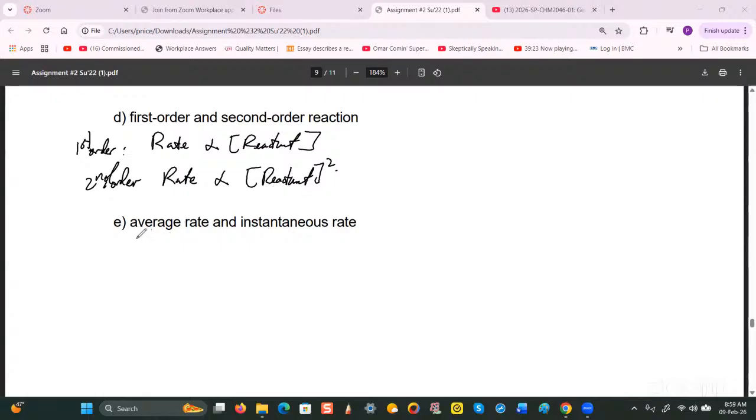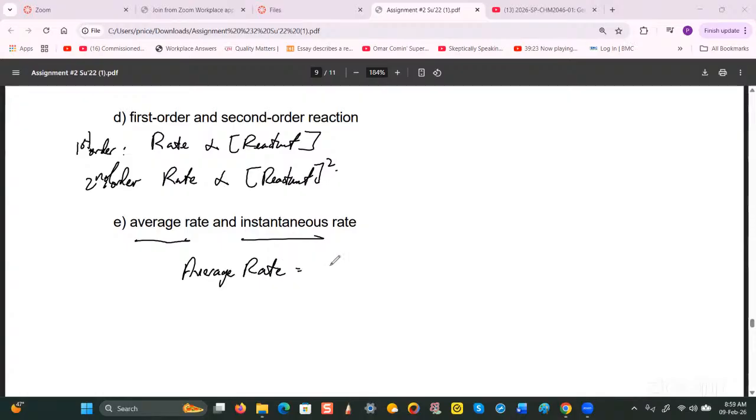Okay, what's the difference between average rate and instantaneous rate? Average rate is the average of the rate over time, and instantaneous rate is the rate at a certain point in time. Okay, so repeat what you just said for the average rate. So average rate is the average of the rate over a period of time.